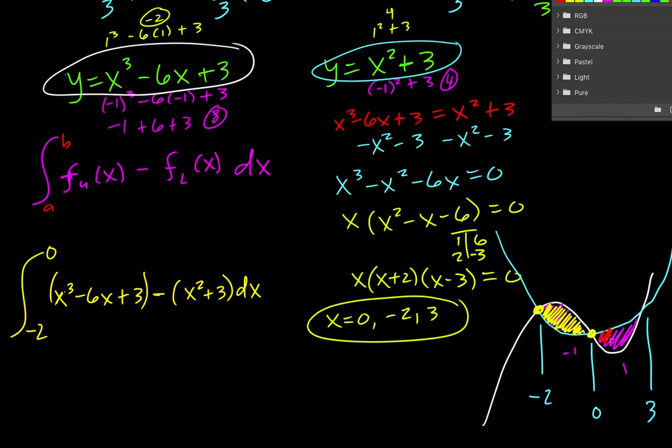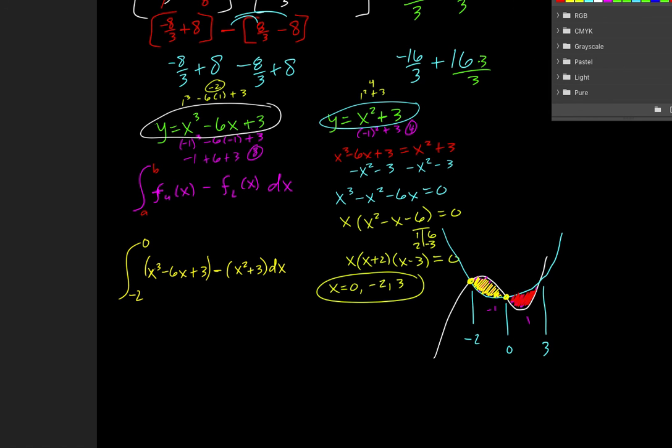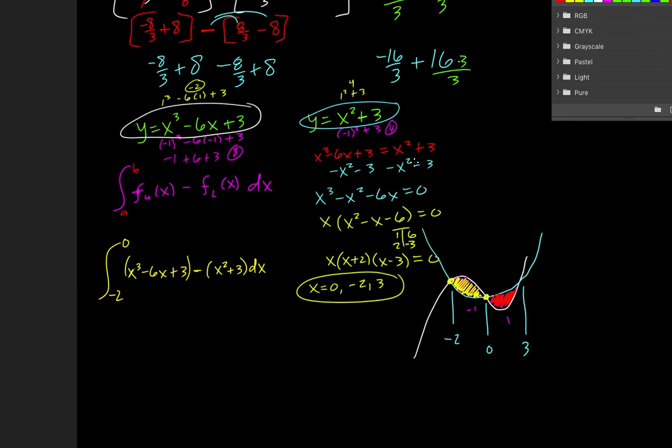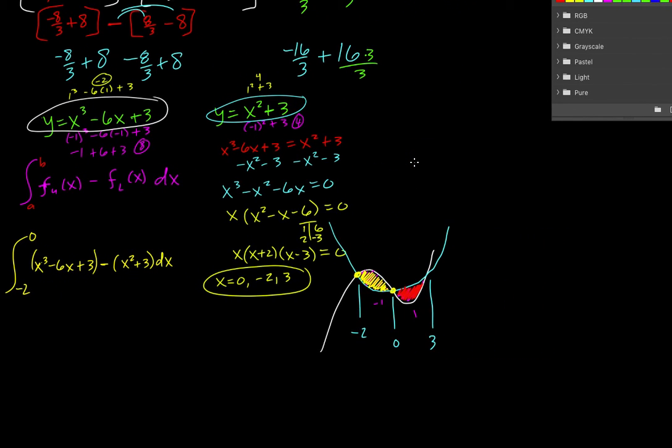Now in red, I'm going to write that piece of the area, and I'm going to write it over here. So we're going to go from 0 to 3, and we're going to add those areas together.